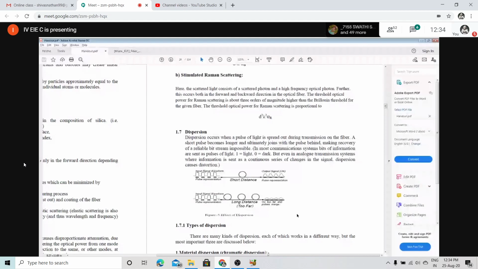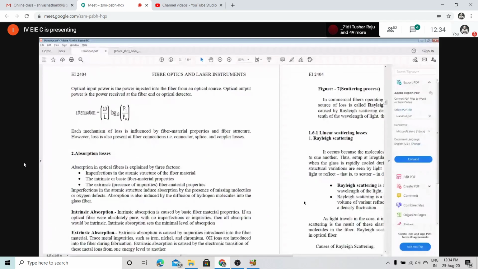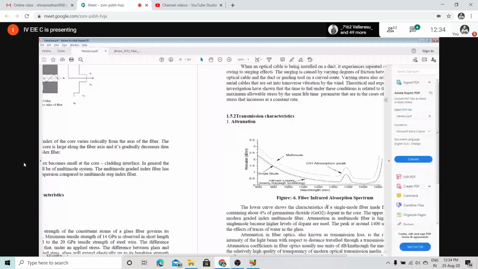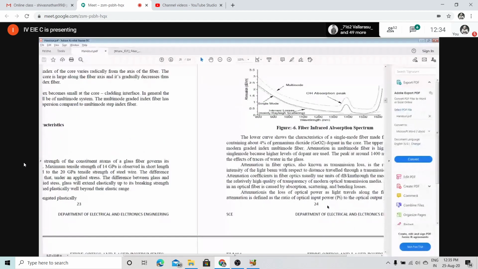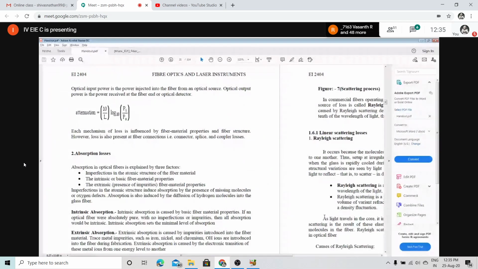Clear? Okay. Now, in today's class we dealt with the transmission characteristics, and under transmission characteristics I told you about the first thing, attenuation. Then the second thing is the absorption losses, where absorption losses correspond to intrinsic and extrinsic.